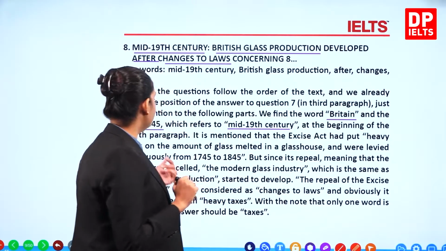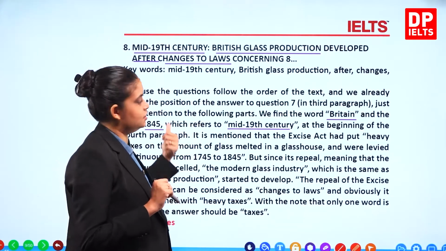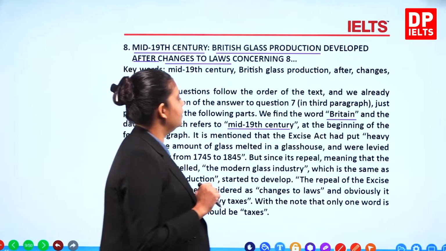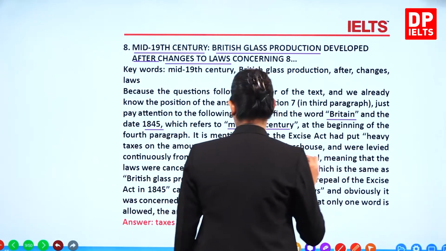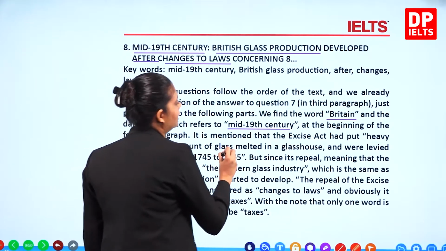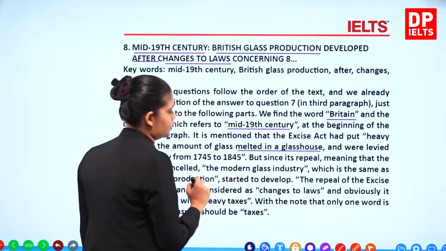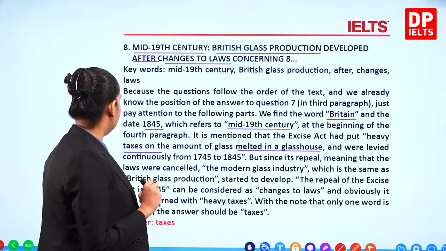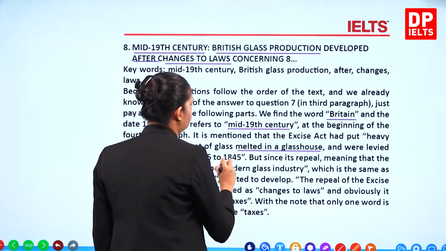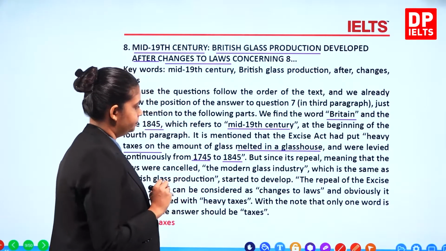At the beginning of the fourth para, we find these pieces of information. It is mentioned that the Excise Act had put heavy taxes on the amount of glass melted in a glass house and were levied continuously from 1745 to 1845.